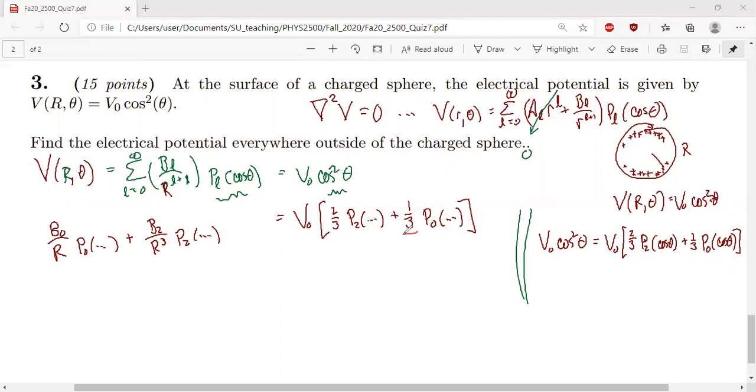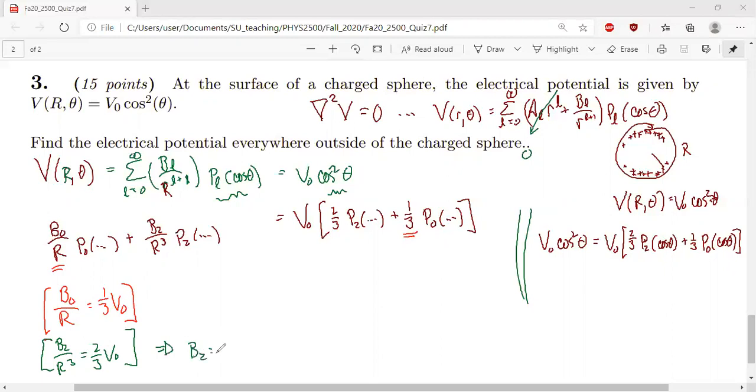So what's the coefficient on P naught? From the right-hand side, it's 1/3 V naught. From the left-hand side, it's B naught over R. So that means that B naught over R is equal to 1/3 V naught for matching that first term. And for matching the second term, likewise, I get B2 over R cubed is equal to 2/3 V naught.